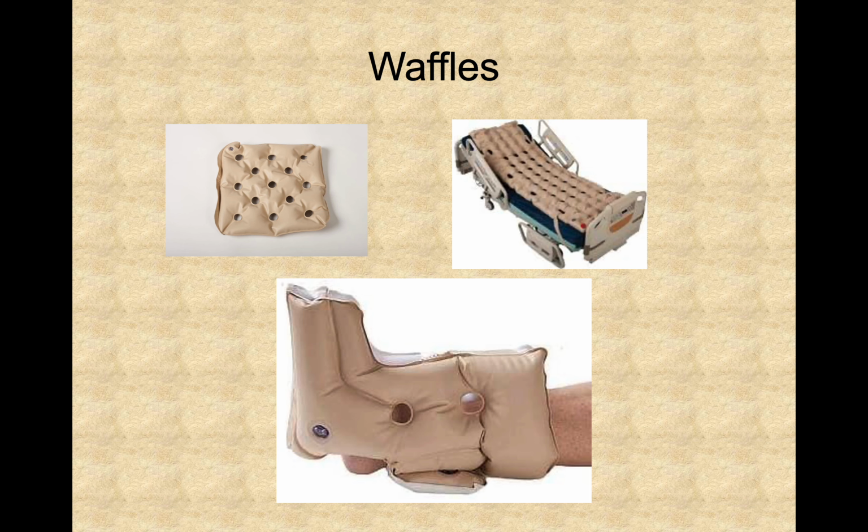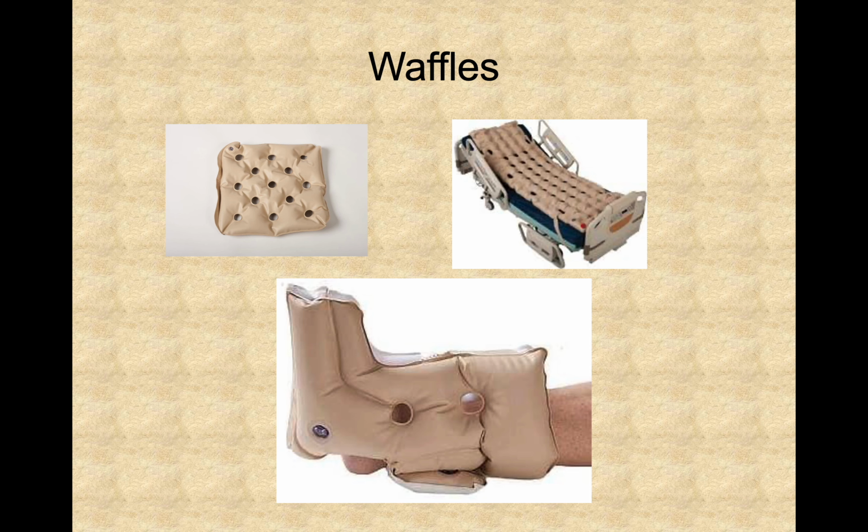You can always, without a provider's order, at least in the acute care setting where I work, implement these types of interventions. So if you believe that your patient is at high risk for pressure ulcer development, maybe on their sacrum or their coccyx, or their ischium, their sits bones, and you're wanting to sit them up in a chair, you might choose to put a waffle cushion in their chair.